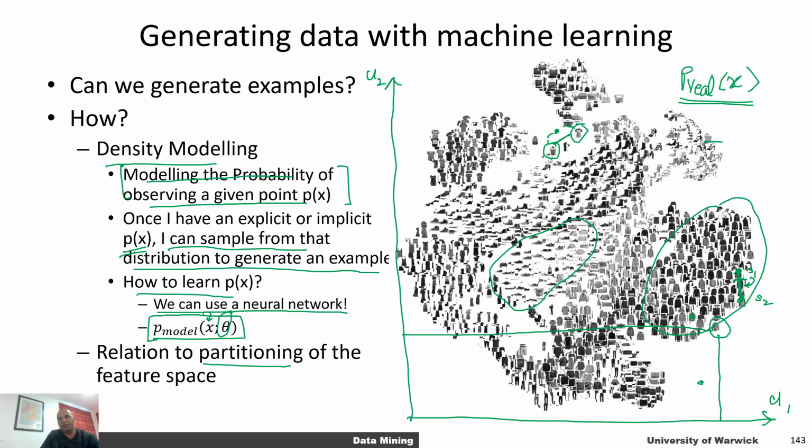So the probability of observing any point over here is 0, because there we don't have any samples, at least for this particular problem. There are no samples over here, but then we have a bunch of samples over here, which are all shirts. So what we would like to have is a model. When we are trying to do generative modeling, we would like to have a model that generates samples that follow the exact same probability distribution like this one.